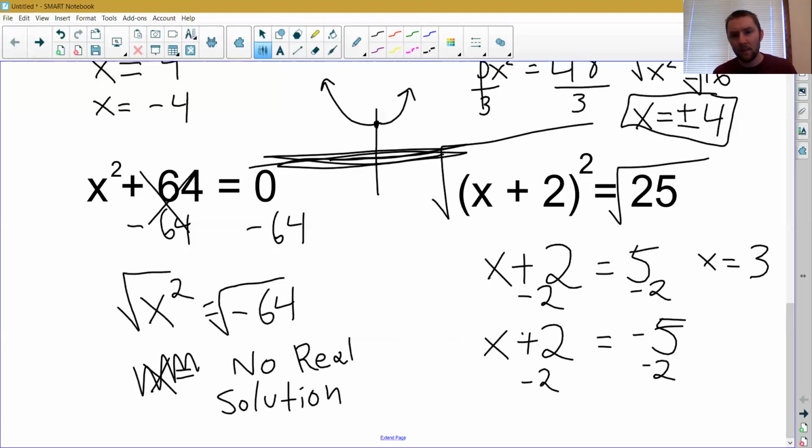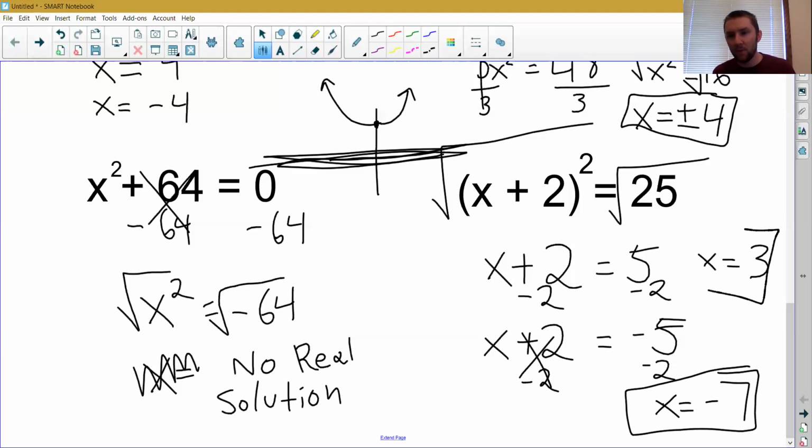So again, the 2's go away, and it just says x equals negative 5 minus 2 more. Negative 5, take away 2 more is negative 7. Okay, so this is an example where I get two different solutions, but they're not like the positive and negative version of the same number. Okay, because I had to do something extra after I unsquared the 25.